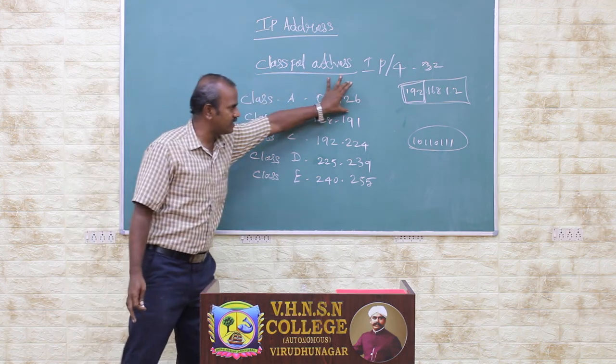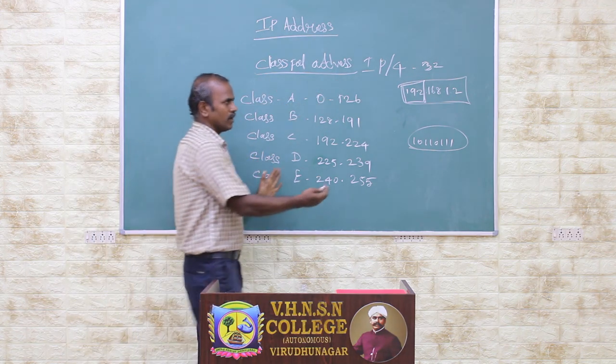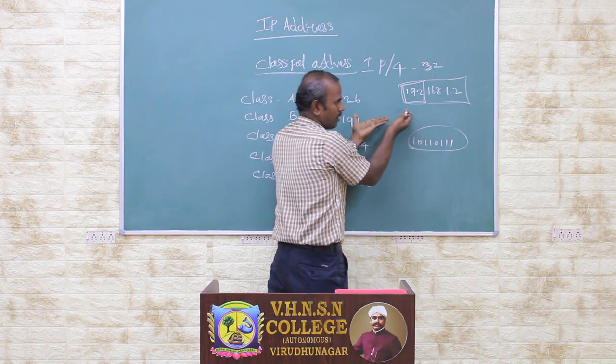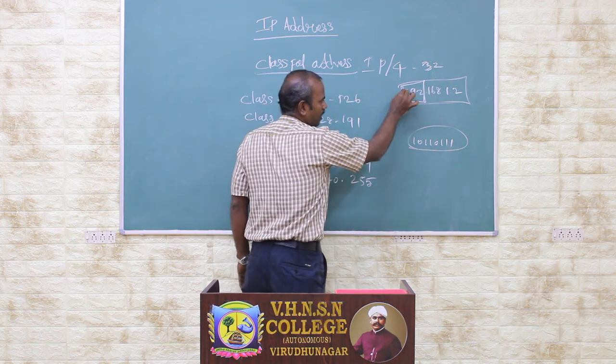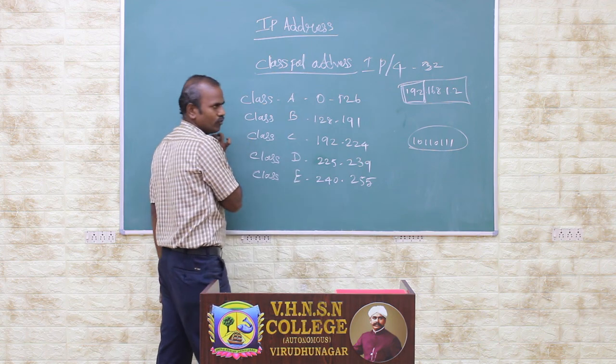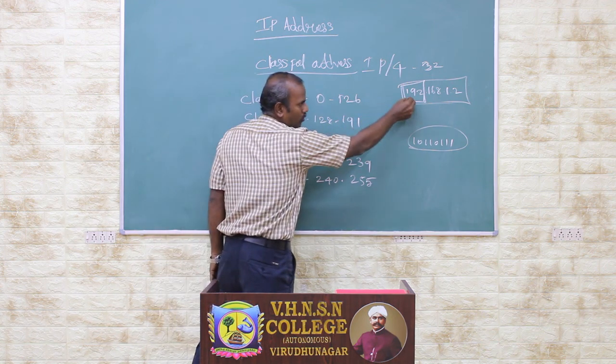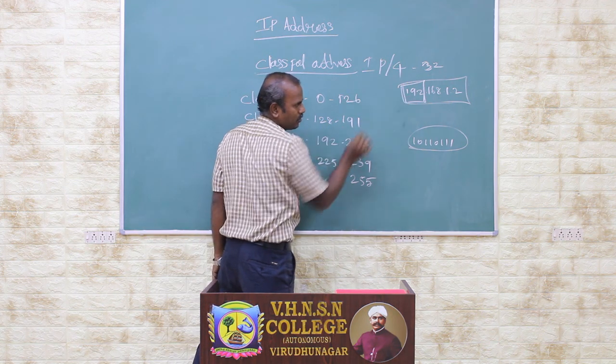So this is the range. How is it applied? Take the first part of the IP address and see which type it belongs to. Take the example 192.